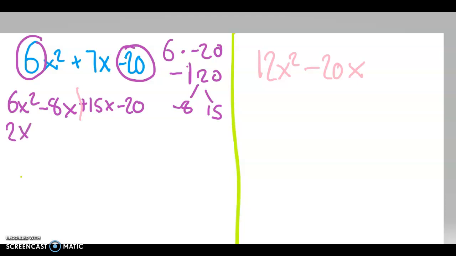If we were to switch positive 15 and negative 8, the equation would become a lot more difficult, as it would be very difficult to find a common multiple of 6 and 15. We would still get the same answer, but it is a lot less work if we put 6 and negative 8 together and 15 and negative 20.